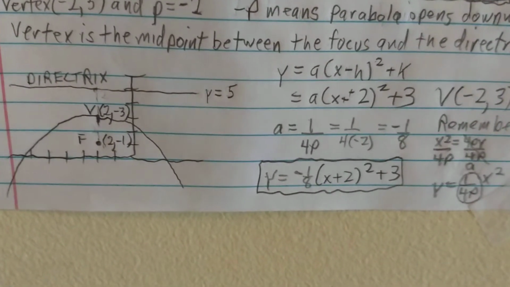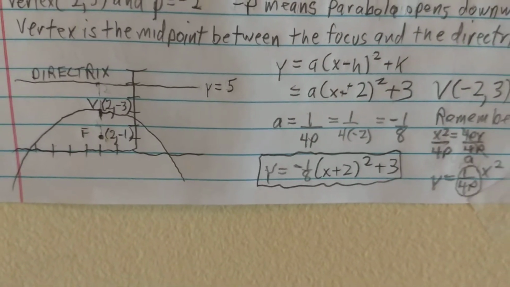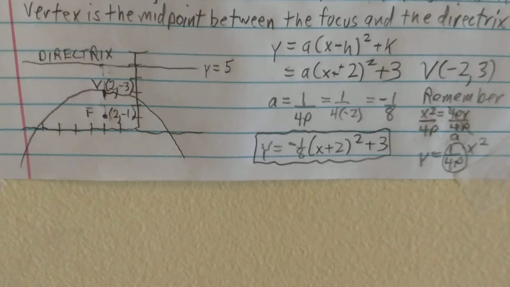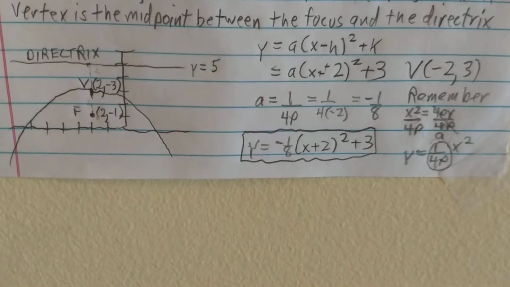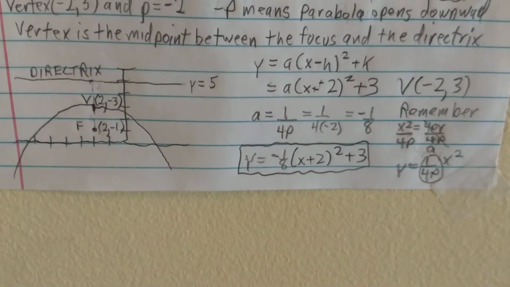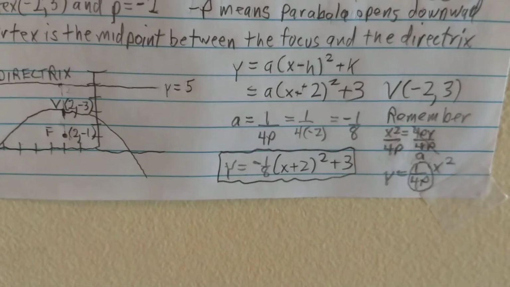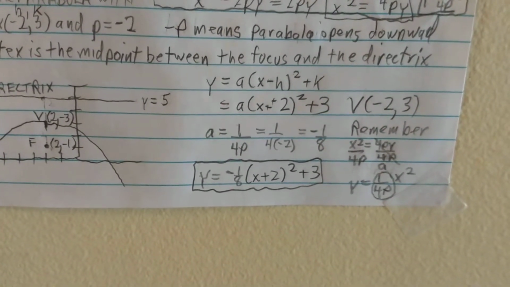So notice when the parabola is opening downward, because p is negative, the directrix line is p above the vertex, and that would be p above -3, that would be -1, okay?